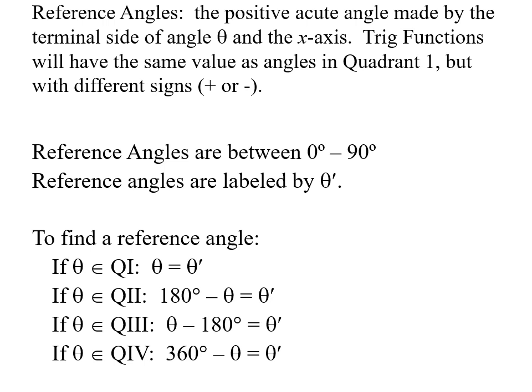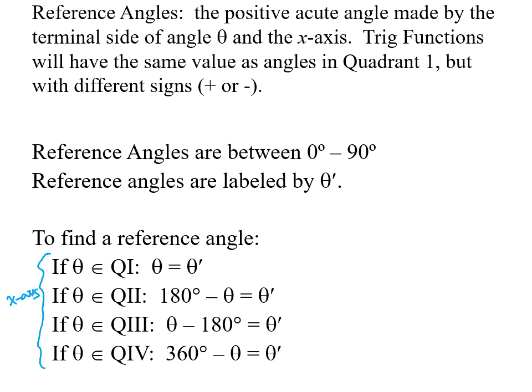And to find the reference angles, then in quadrant 1, the reference angle is its own angle. You don't have to do anything. But in quadrant 2, you do 180 minus the angle. Quadrant 3, you do the angle minus 180. And in quadrant 4, you do 360 minus the angle. Notice all of these angles, all these definitions, all of these things down here are based off the x-axis.